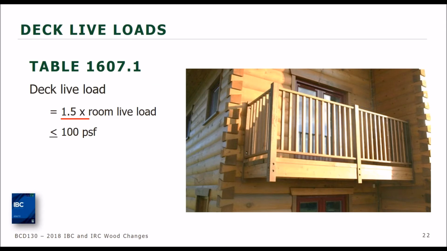Yeah. So with deck live load, this provision is matching ASCE 7. So ASCE 7-10 and 7-16 both have a requirement that you're going to do 1.5 times the room that is attached, that is connecting to that deck's live load.